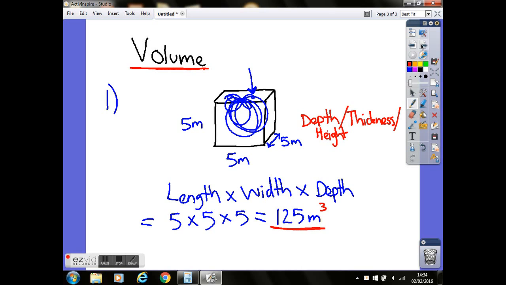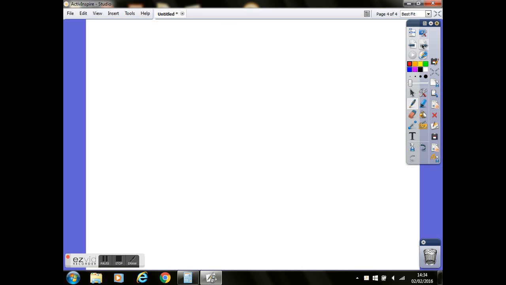We'll do one more. For this one, we'll change it to a more rectangular 3D shape. So change that to black.